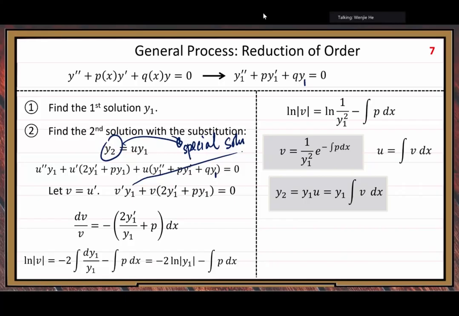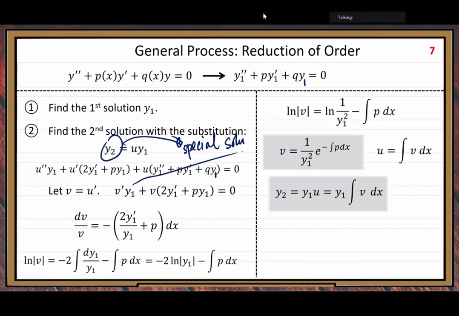Then you just verify: does V satisfy this equation? If it satisfies, then that's good enough, because we only need one special case for V, then one special case for this U.